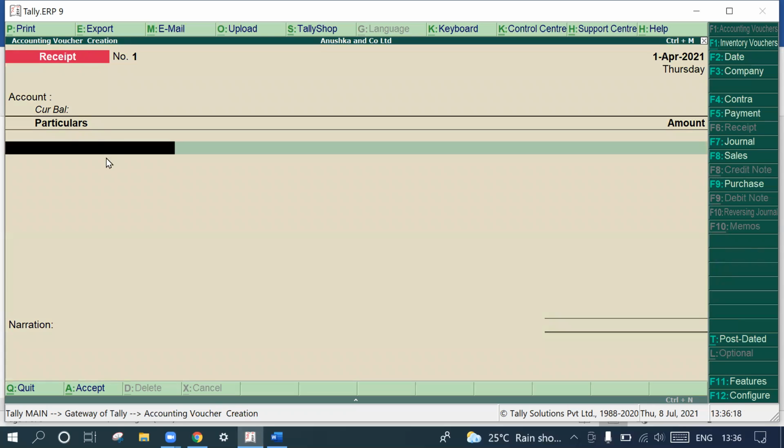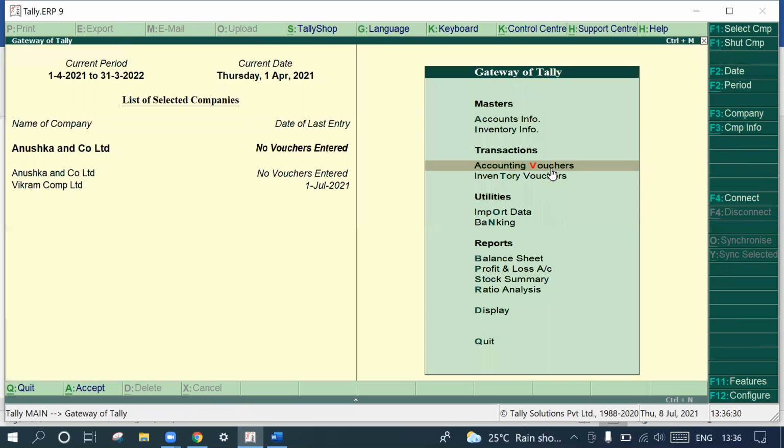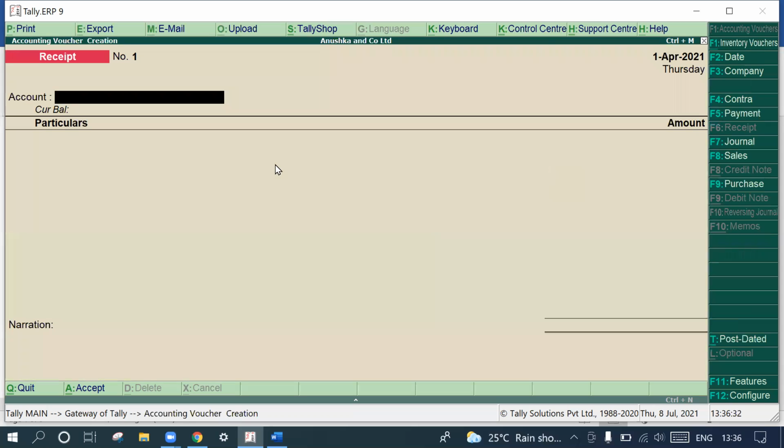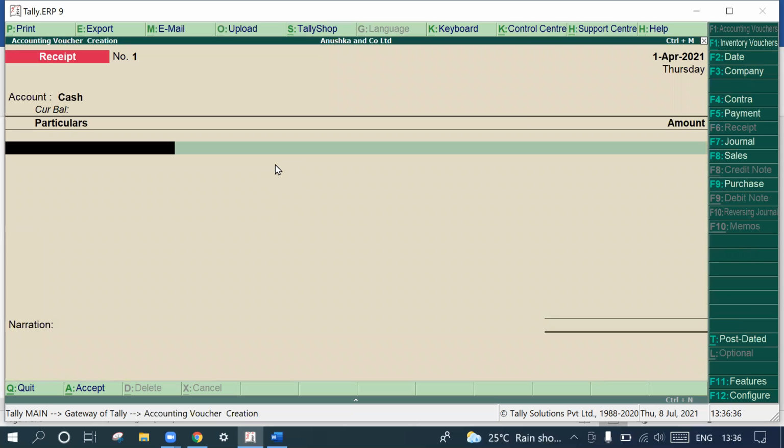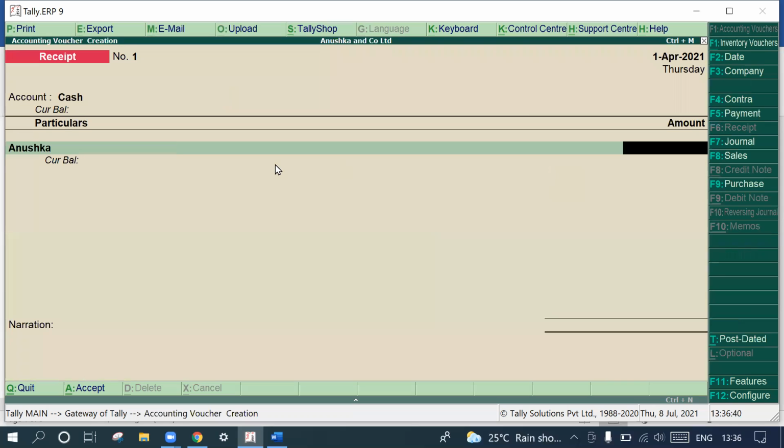So it is a receipt, cash. Receipt cash from Anushka, amount 25 lakhs.